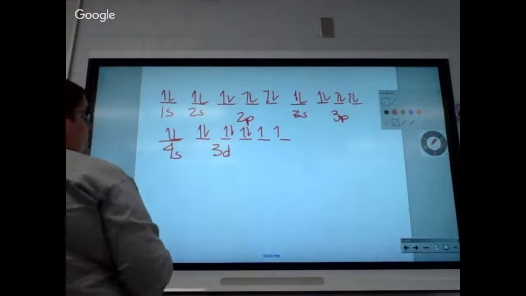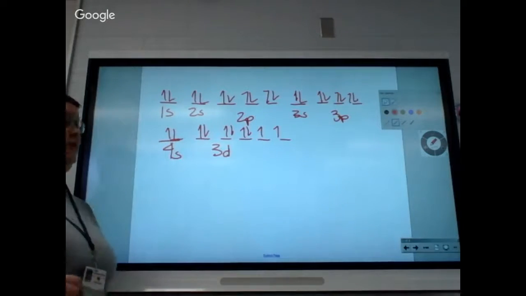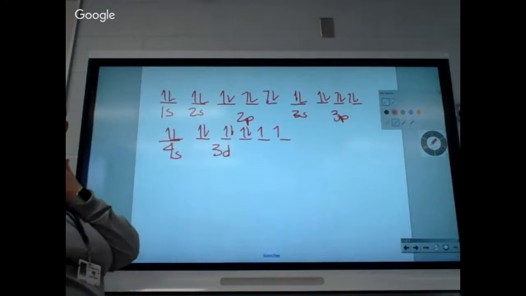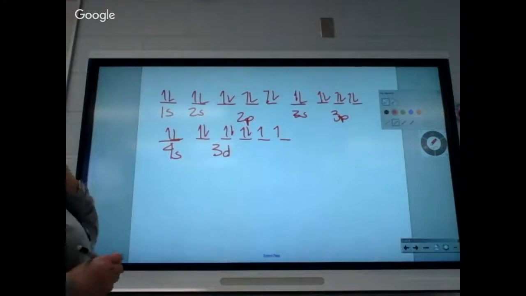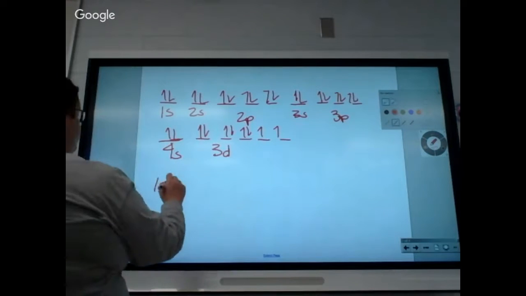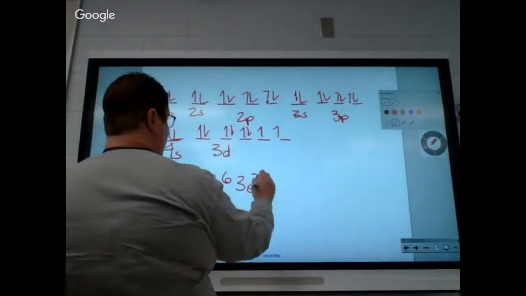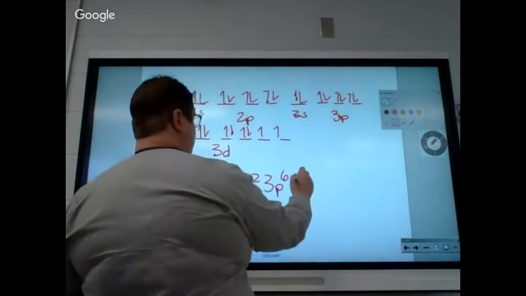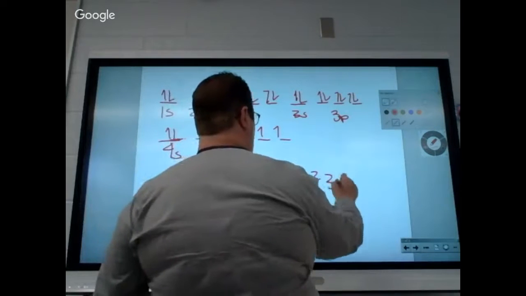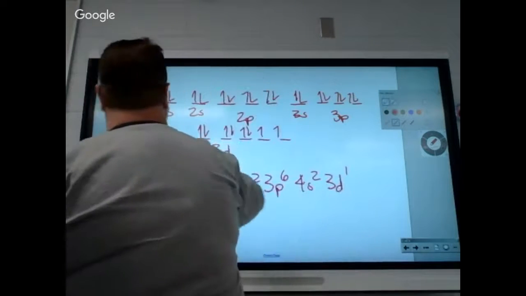Yes. All right, so it should look like that. 3D should have 8 in it. All right, what was the electron configuration one? Sc? All right, that should end on 3D1.